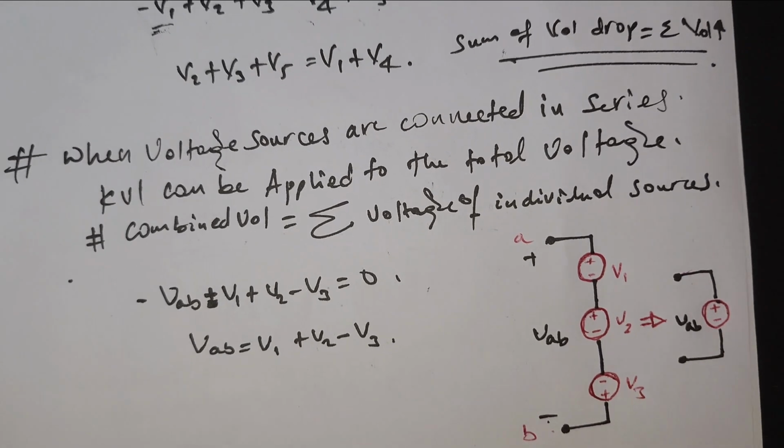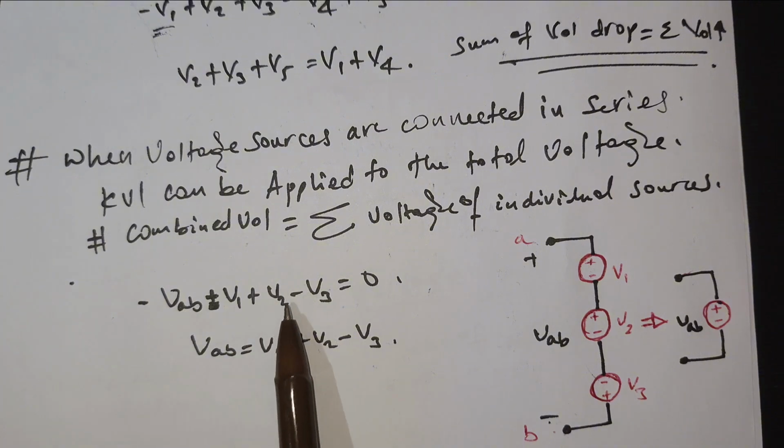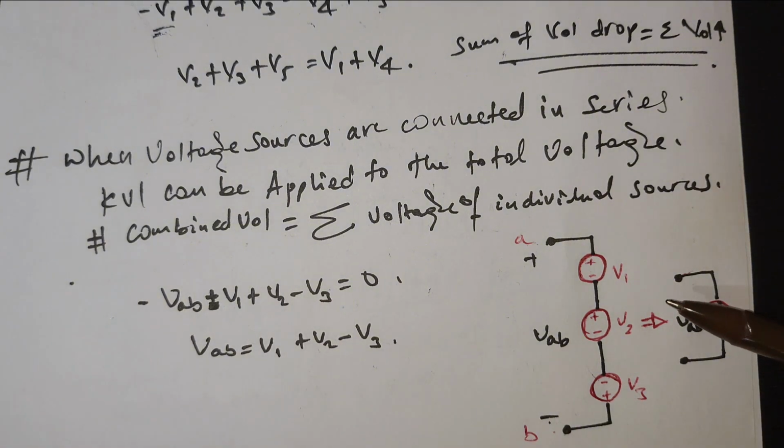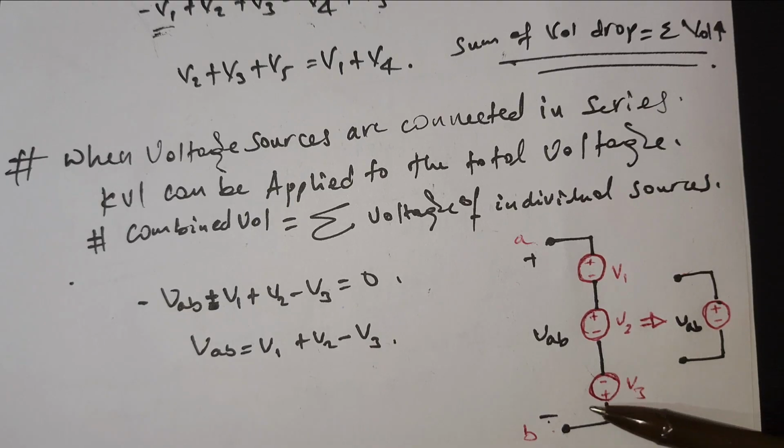As you see, when voltage sources are connected in series, they can be summed or combined into VAB. The voltage across AB can be the sum of these three. So VAB is equal to V1 plus V2 minus V3 because the polarity is changed.